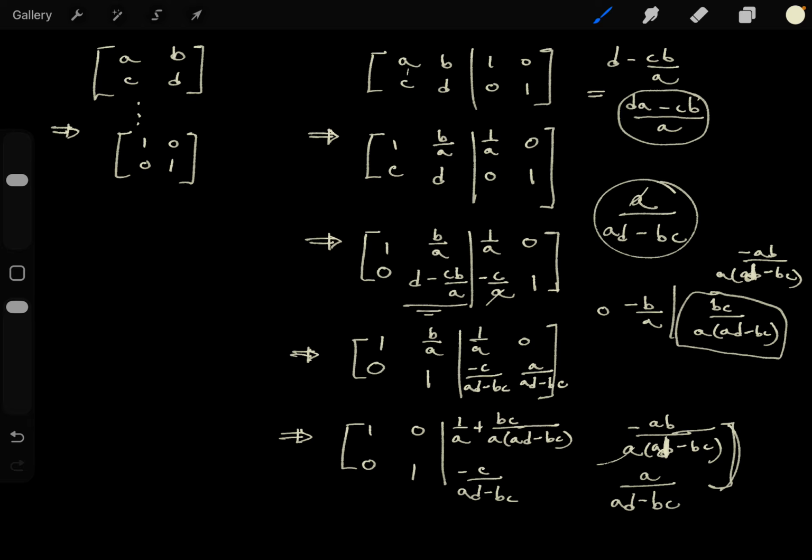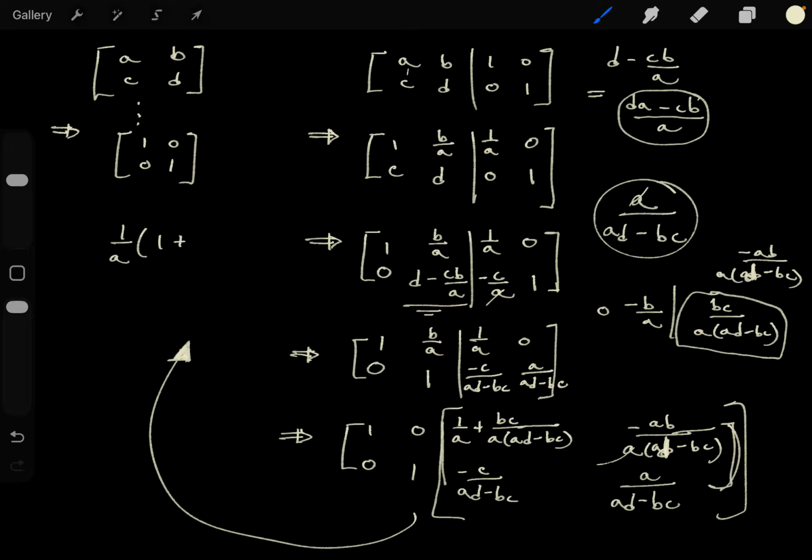And now I'm going to try and simplify, because this matrix over here now should be the inverse of the original matrix, if we did this right. Now, what is this matrix? We get 1 over A, and then 1 plus BC over AD minus BC.